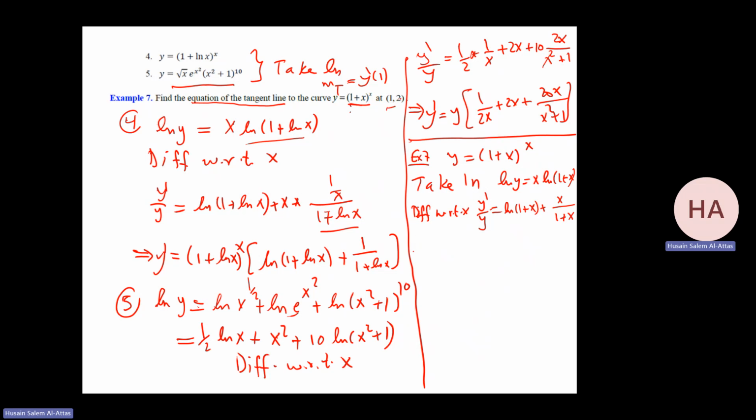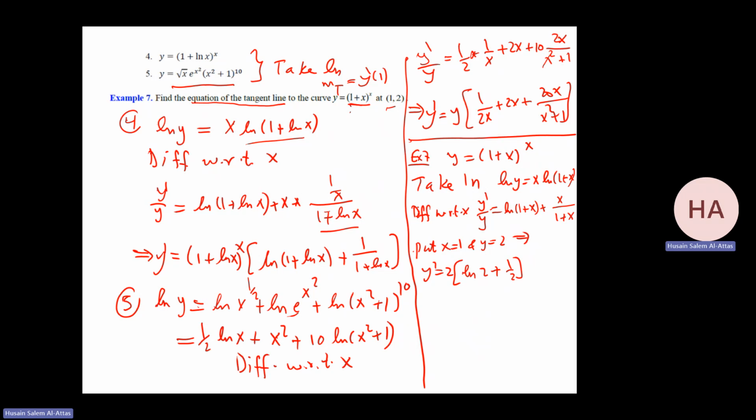I have the point x equal 1 and y equal 2, to get y prime equal to y times ln 2 plus 1 over 2. Yeah, I put x equal 1.